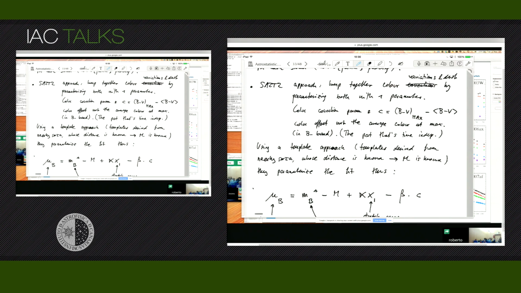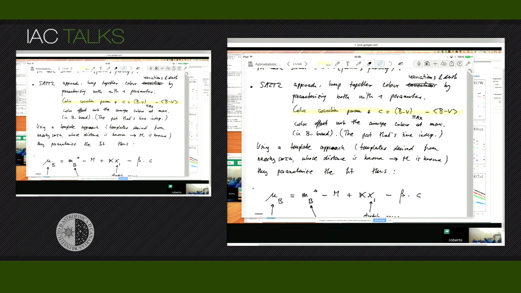One parameter is the color correction parameter, which is called C. C being the difference between the B minus V color at maximum and the B minus V average color. So it's a color offset with respect to the average color at maximum in the B band. It's also part of the color correction that's time independent.